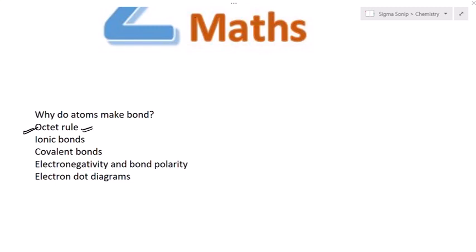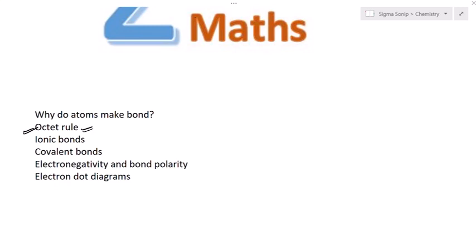But if there is a slight difference in electronegativity, then the bond is polar. The polarity of a bond depends on the difference between the electronegativities of the bonding atoms. The bigger the difference, the more polar the bond would be.